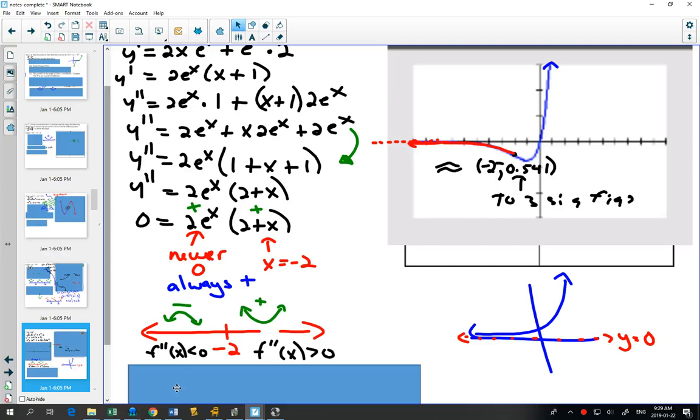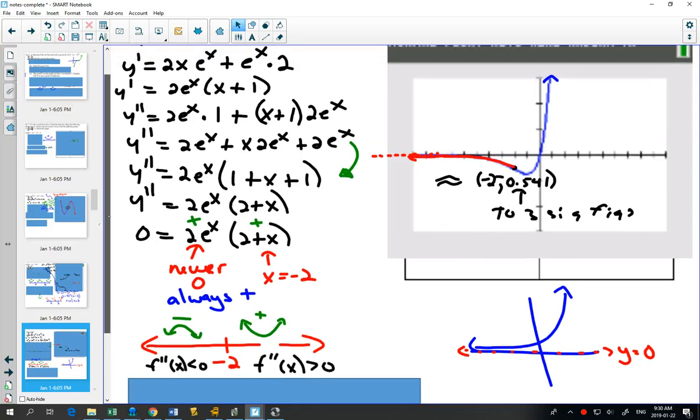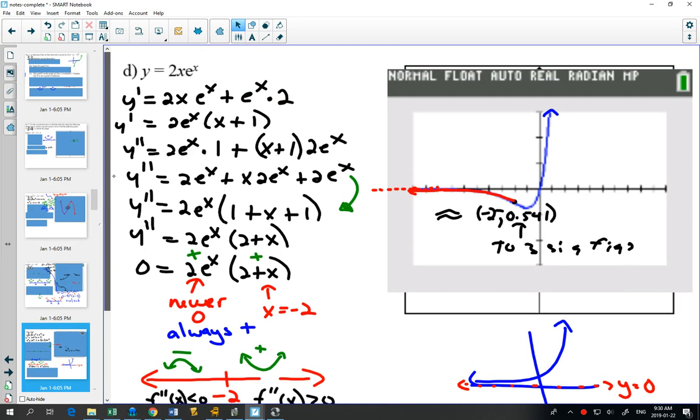For curve sketching on this one, plugging -2 into your original equation would give you -4e to the -2. So this value right here is -4e to the -2. If you wanted to write it as an exact value, perfect.